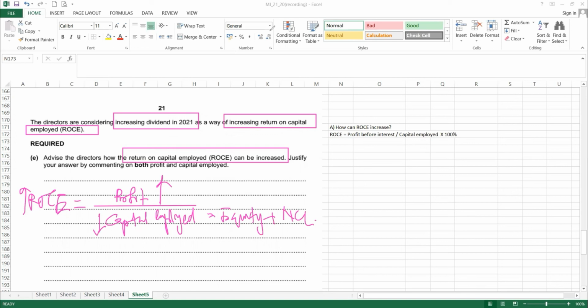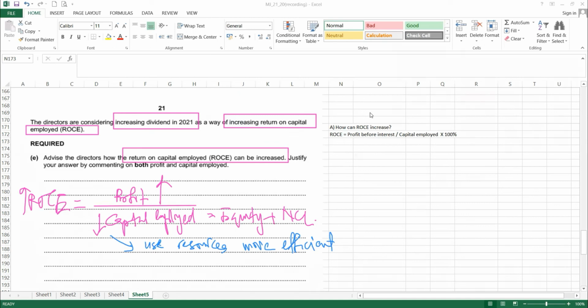And this reduction is actually talking about using the business resources more efficiently. It means that we spend less money to maximize the use of the assets in the company or the liability. That is called using resources more efficiently. You can reduce the capital employed. So there are two ways that can cause the ROCE to increase.